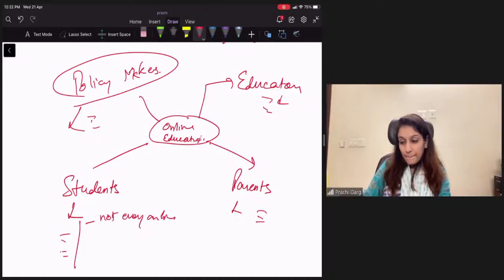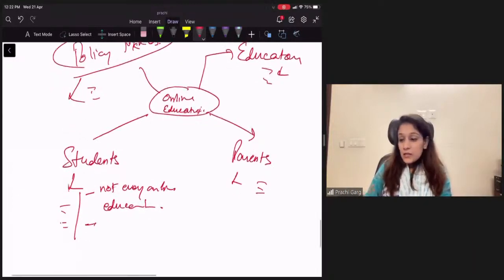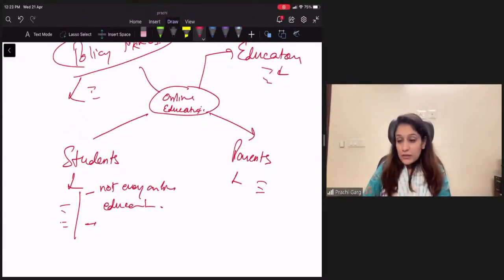Agreed with me? Right? And for the small kids, physical development is not being justified. Exams are an issue online. Understanding is an issue.